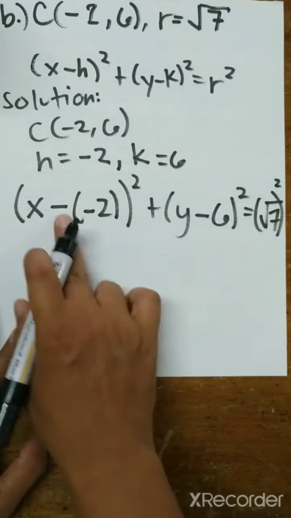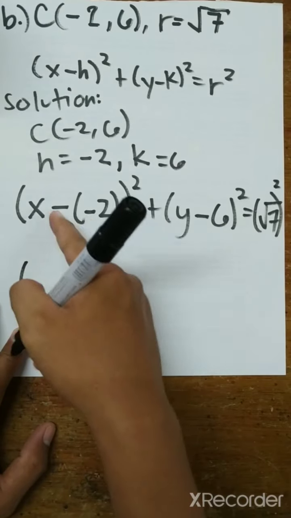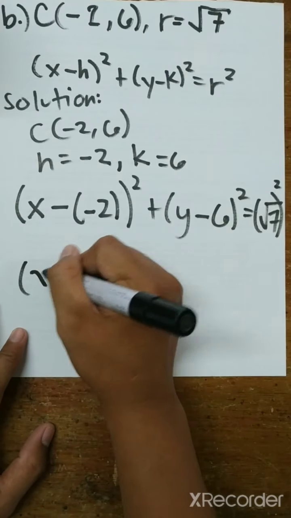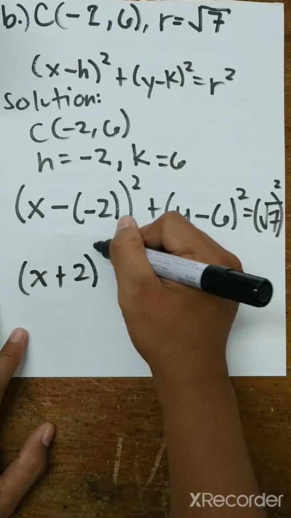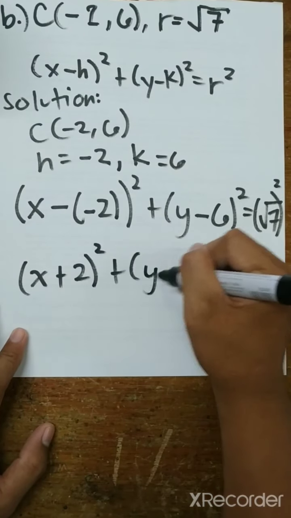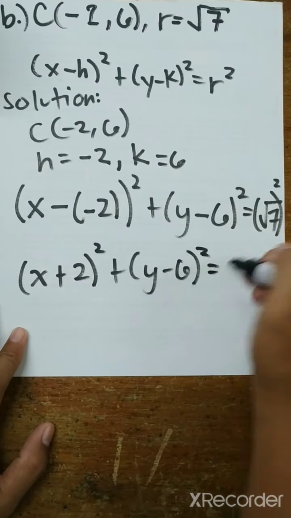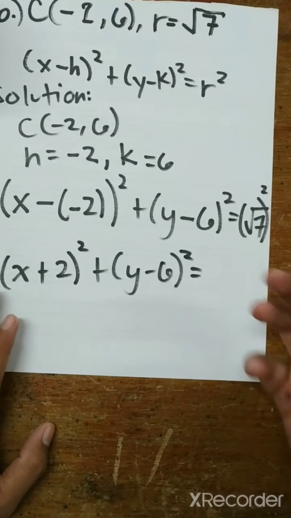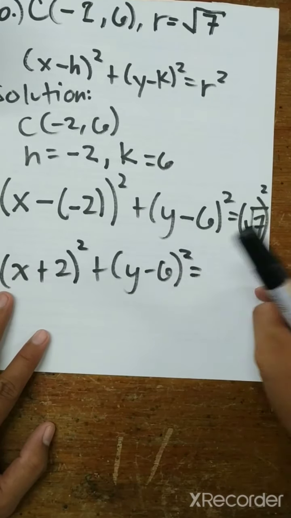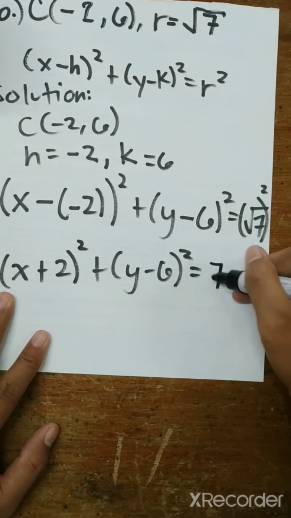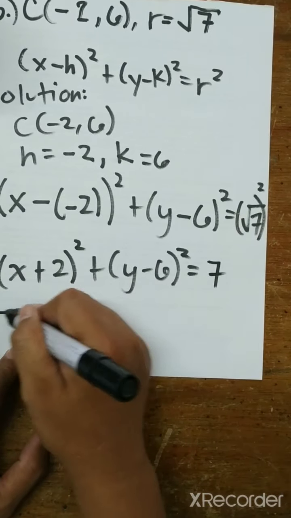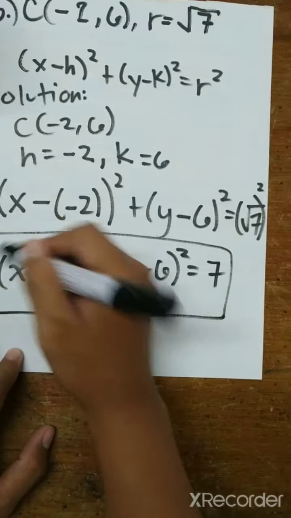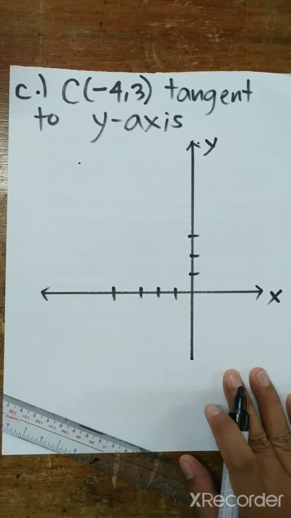Next, simplifying, as you can see, we have negative and negative. It will give us positive: (x + 2) squared plus (y minus 6) squared, with the square root of 7 squared. It will just remove the radical sign, or you can also say 7 squared is 49, square root of 49 is 7. Okay, so this is our answer for our second example.